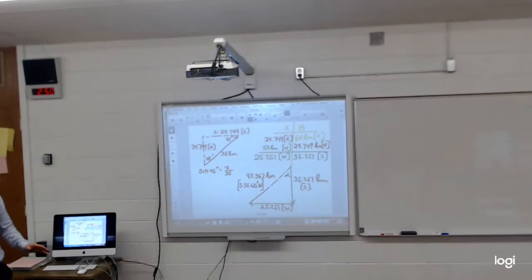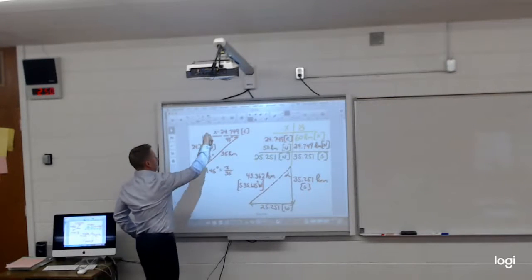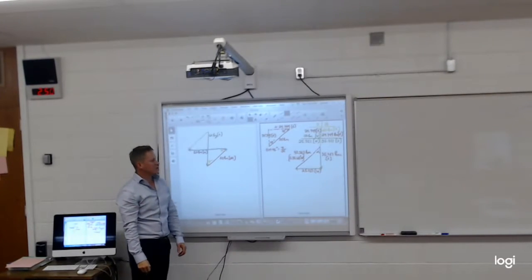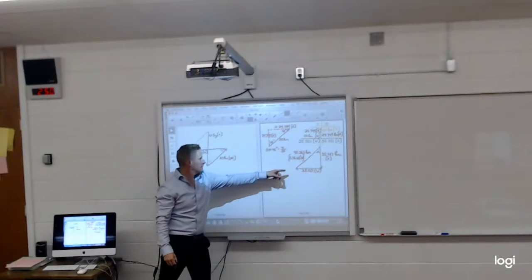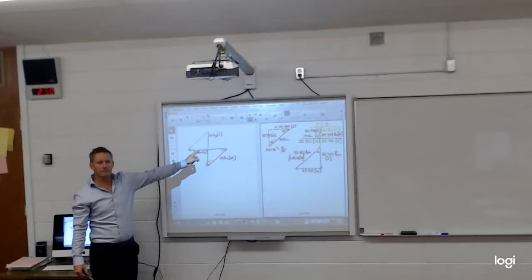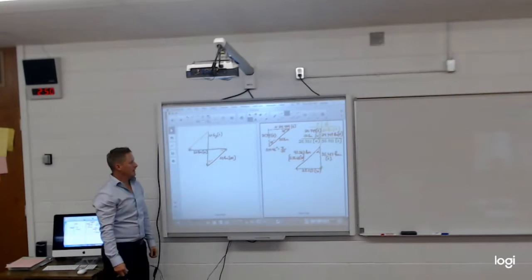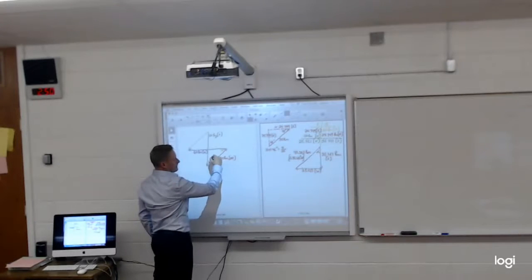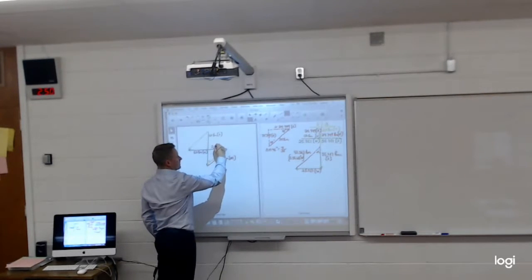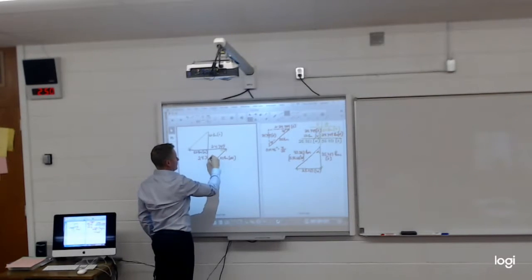Okay, I'm going to show you something. Let's have a look. What did I actually draw right here? The same triangle. Look at that triangle right there. That's what I ended up drawing to get the final answer. Because right here, using this triangle, were the components of that vector. So this is 24.749, and this is 24.749.